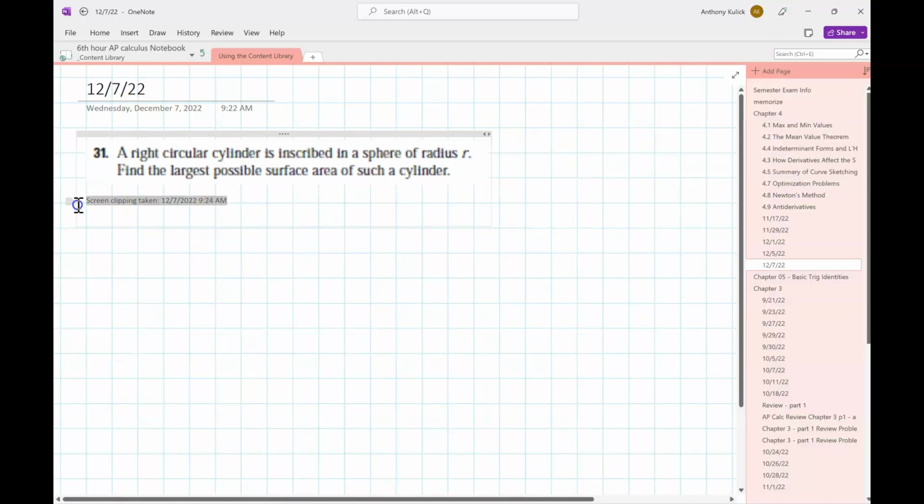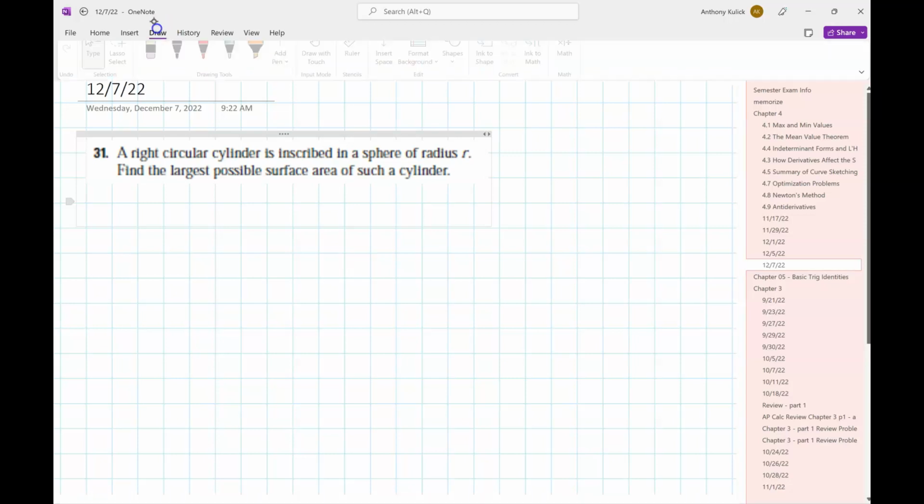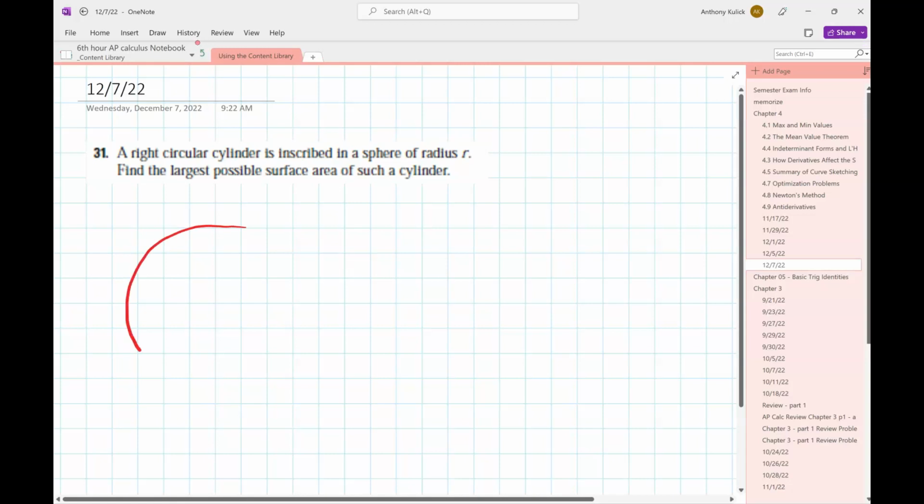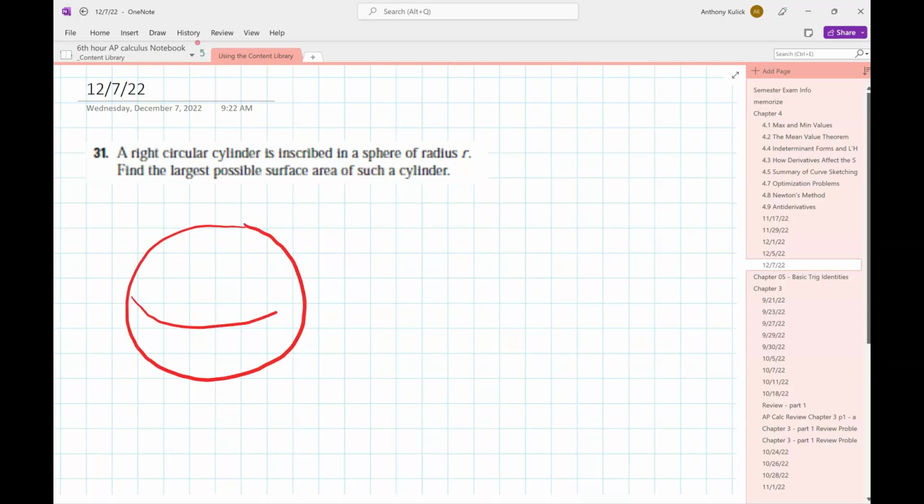So it says a right circular cylinder is inscribed in a sphere of radius r. Find the largest possible surface area of such a cylinder. Okay. So we have some sphere here, right?